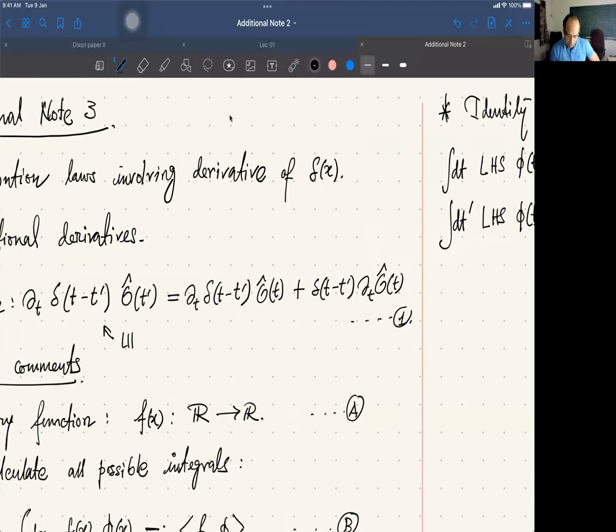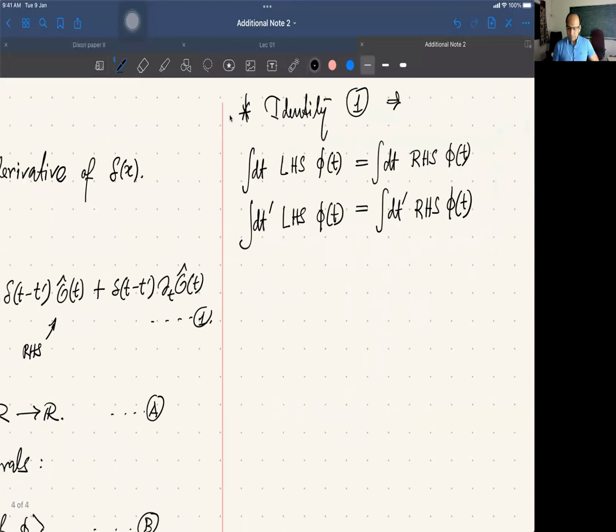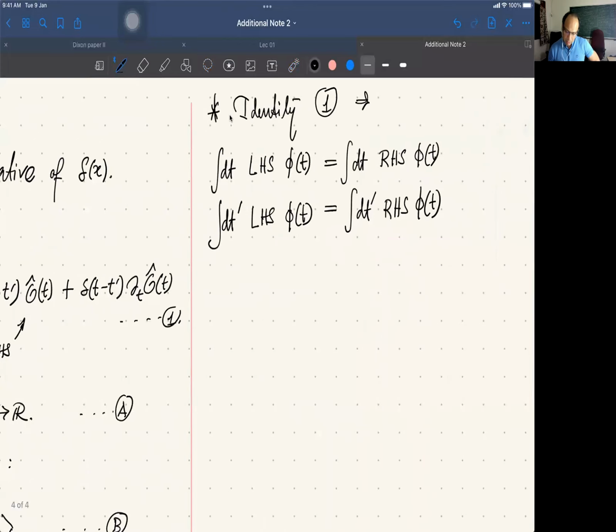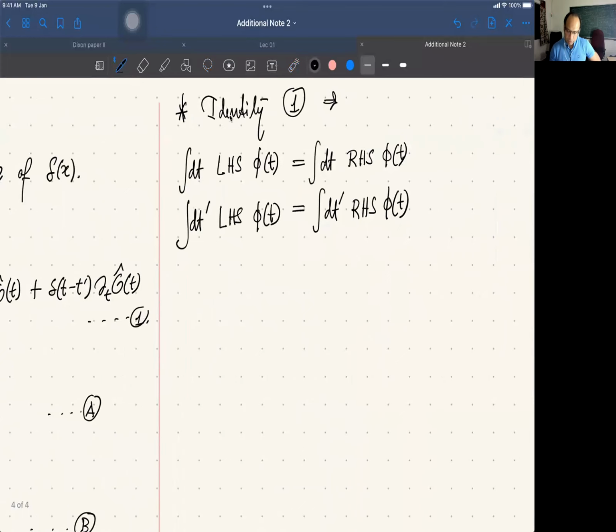This is your LHS and this is RHS. I'm using some cryptic notation here, but it is easy to understand. You know what I mean.